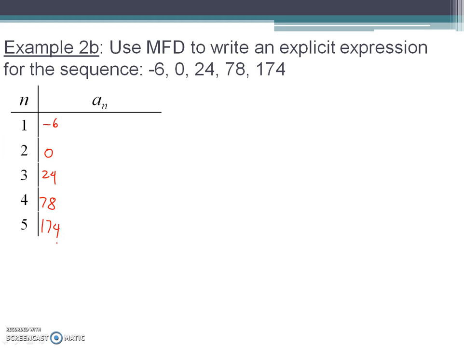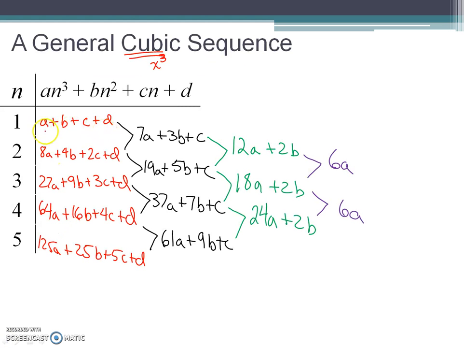Now, if you knew for a fact that this was a cubic sequence, you could use these 4 terms, -6, 0, 24, 78, and set up 4 equations, because in order to solve for 4 variables, you would need 4 equations, and solve this system, and all is well and good with the world. Now, I'm not going to suggest you do it that way because that would be a lot more work than doing it the other way.